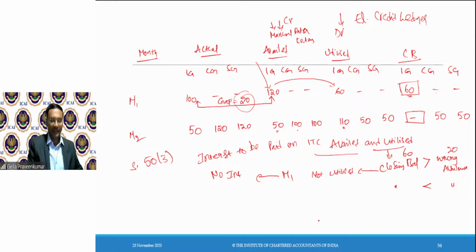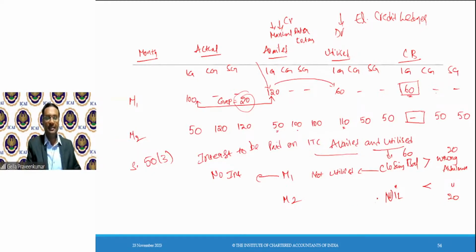Now when I travel to month 2, month 2 is a scenario where my closing balance happens to be nil, whereas my wrong availment is 20 rupees. My closing balance is less than the gap.